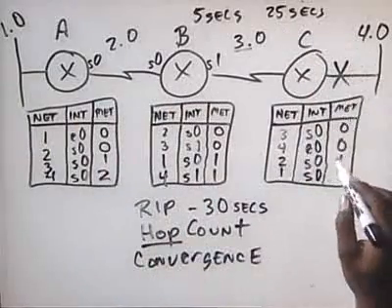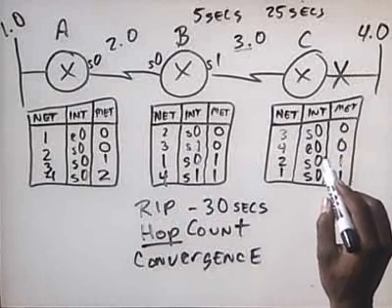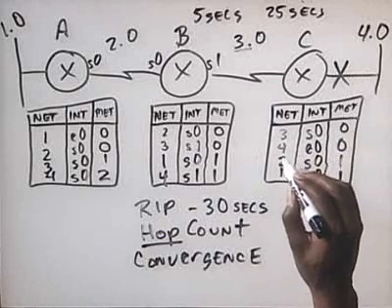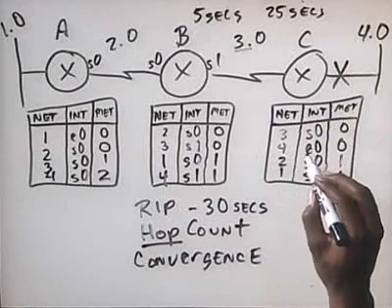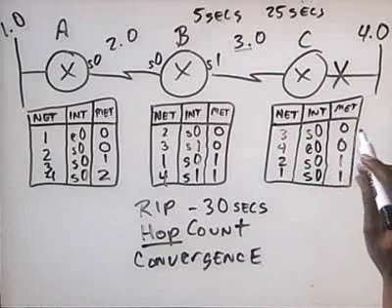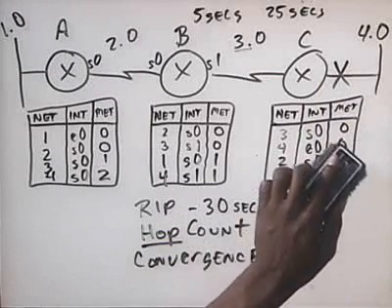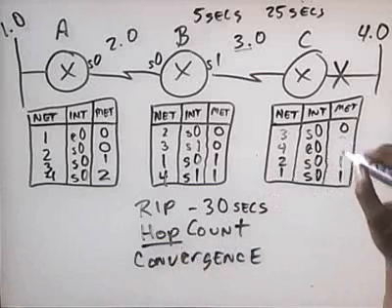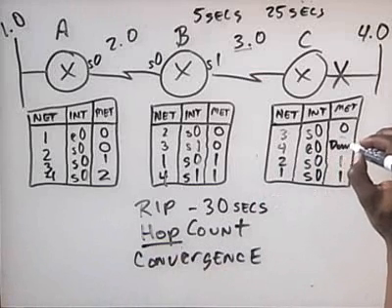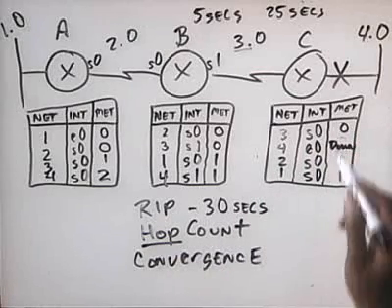When network 4 goes down, here in the routing table, instead of a metric of 0, Charlie says network 4 is down.